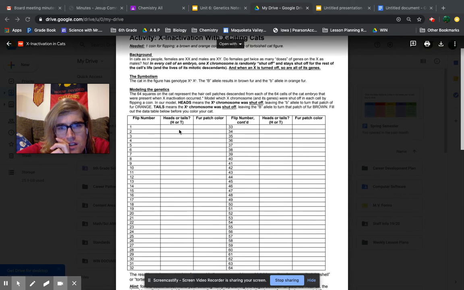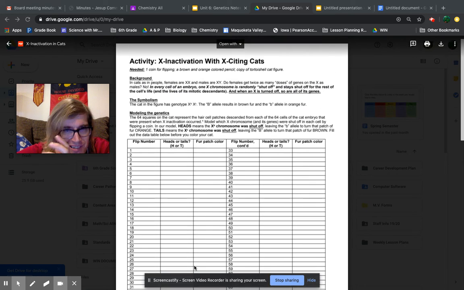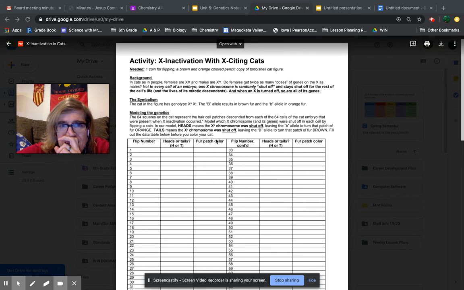There's a little asterisk here: it actually happens at the 32 cell stage embryo, but the cat would look boring if we only had 32, and I know you want to color more. Model which X chromosome and its genes were shut off in each cell by flipping a coin. In our model, heads means that the big B was shut off.